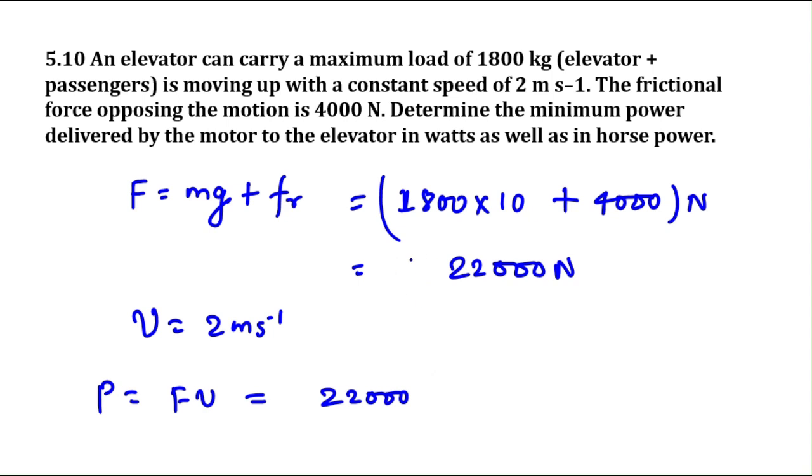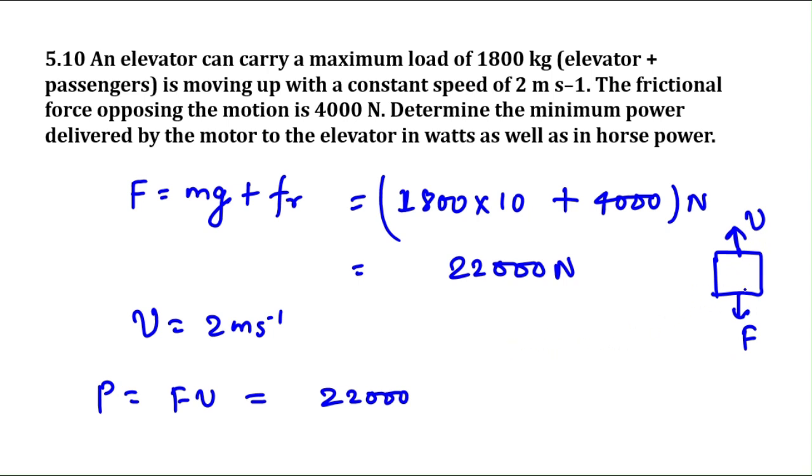You may think that this force is acting on the elevator downward, against its velocity if it is going upward. So why shouldn't we write a negative sign? Force times velocity should be negative, but no.